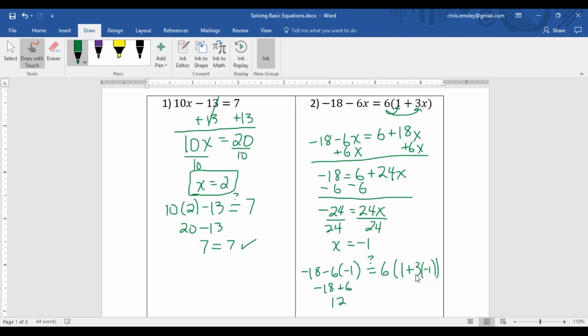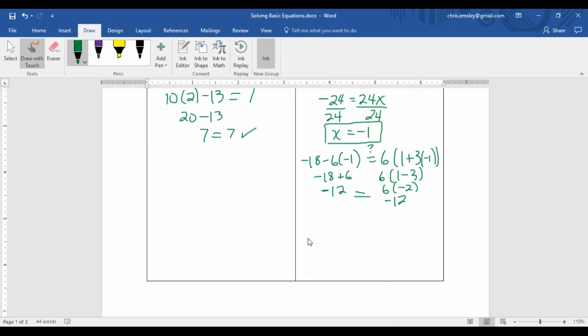Over here on the right, we need to do this multiplication first. So we have 6 times 1 minus 3. We do that subtraction, 6 times negative 2. Oh, sorry, this should have been a negative 12 over here. Did you catch that? A negative 12 equals a negative 12, so our answer does check. And there is our solution.